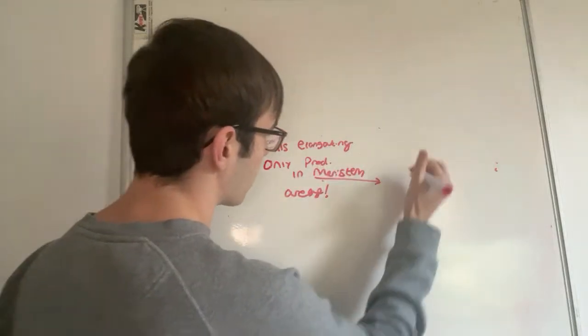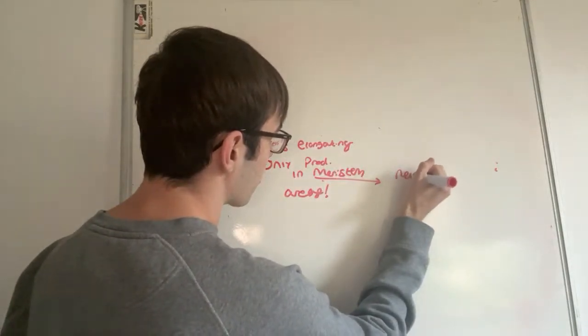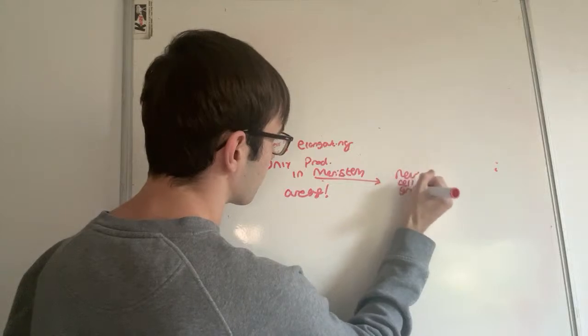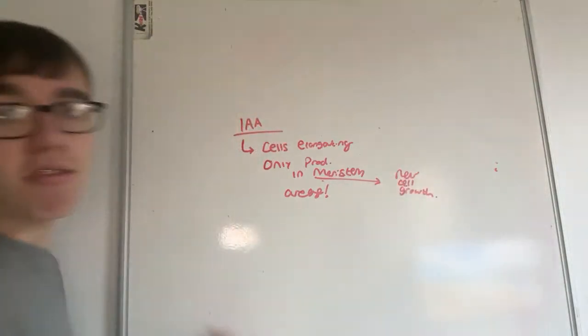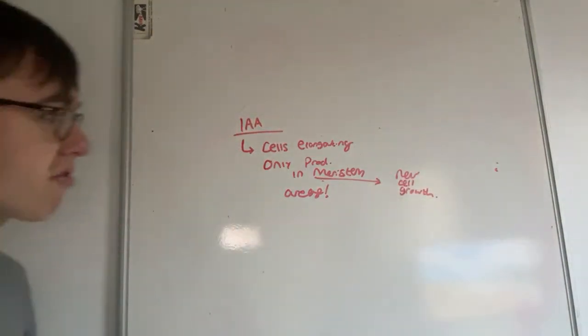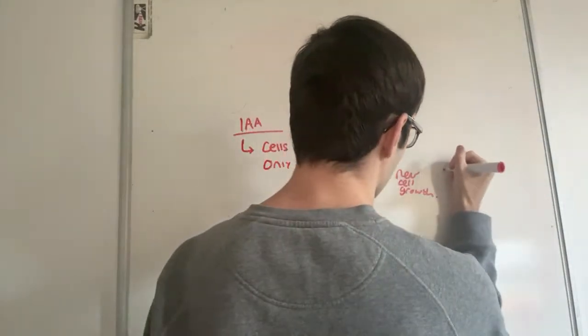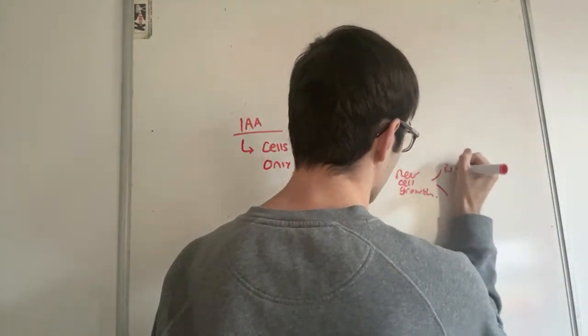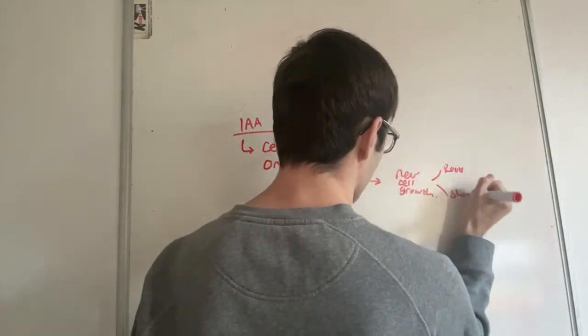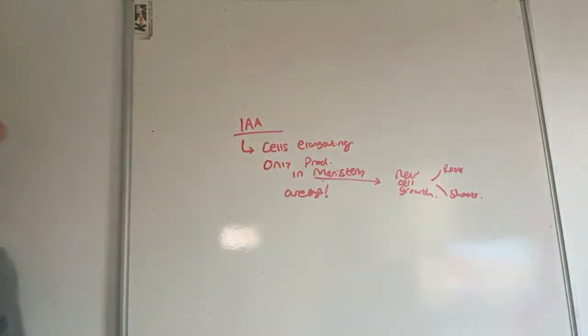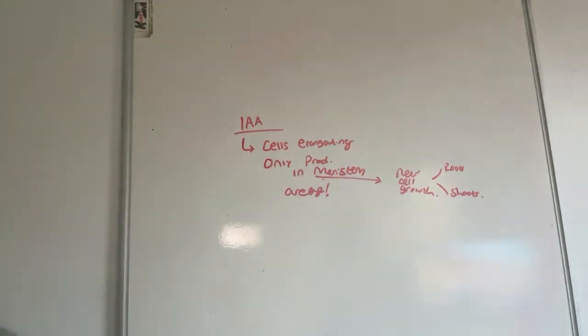Meristem areas are just areas where new cell growth can occur. They're the only areas of a plant cell that can undergo mitosis, and that's because it's the tips of the roots or shoots. Got it, okay. So, IAA is a hormone which promotes cell elongation. It's only produced in the meristem areas. We got that.